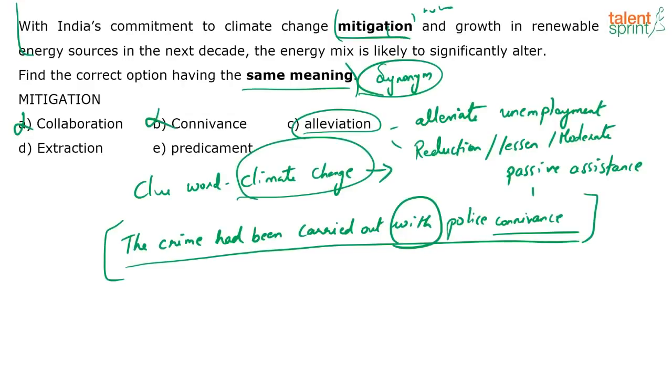So now, can climate change, can there be some sort of a reduction in it? Can it lessen? See, I can have harsh, severe climatic conditions. But at the same time, there can be a reduction in the climate change. The climate change can be less severe, right?